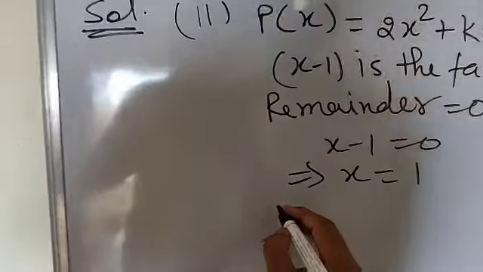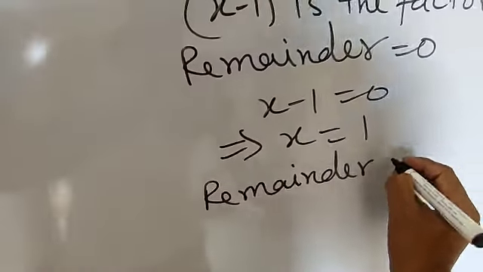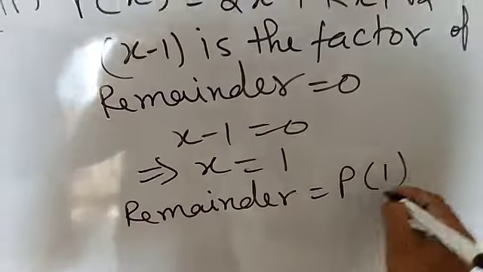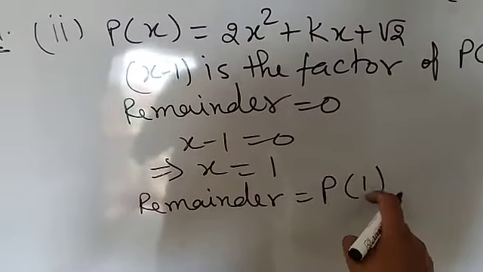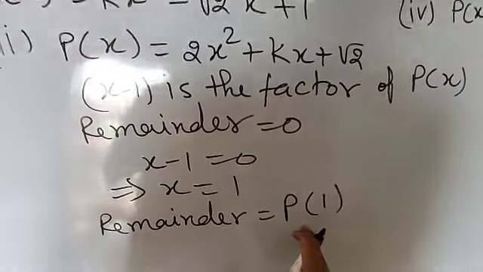Now to find the remainder, remainder equals p of 1, since x equals 1. It means in this polynomial x will be replaced by 1, and that is the remainder.